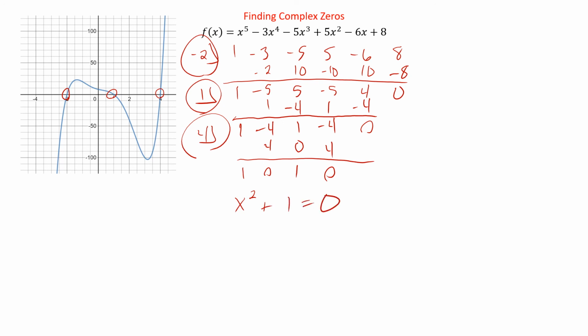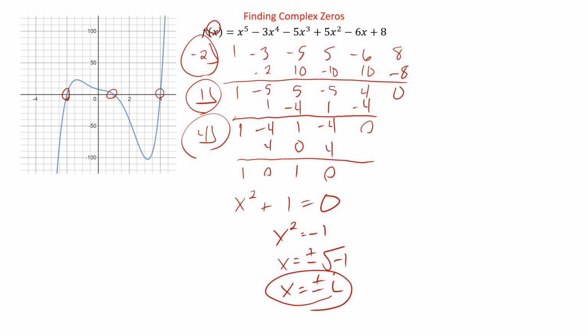And we need to get that to equal 0, because that's what we're finding. We're finding when f of x equals 0. Here's where we could use the quadratic formula, or we could subtract, so we get x squared equals negative 1. Square root, x equals plus or minus root negative 1, which is x equals plus or minus i.